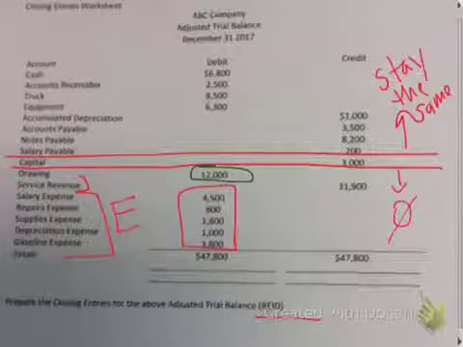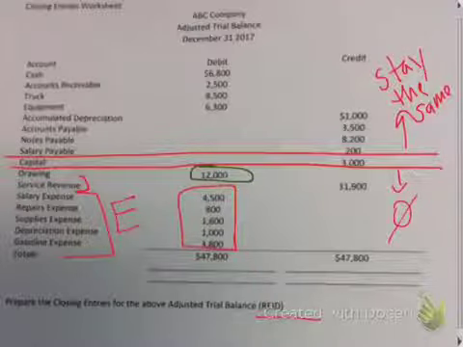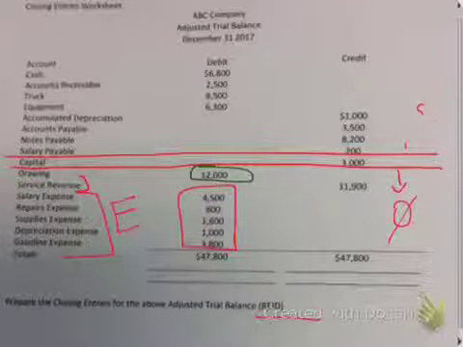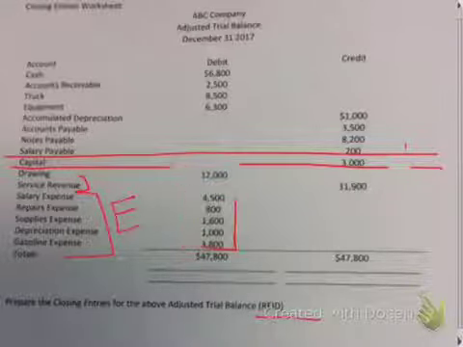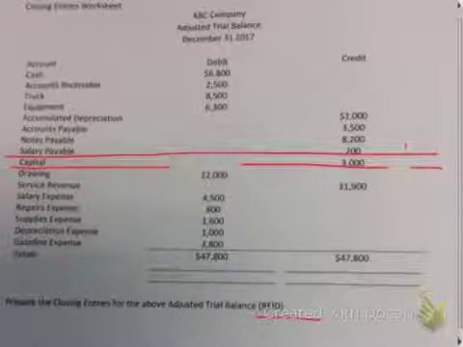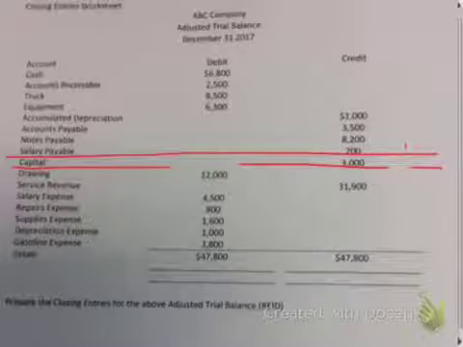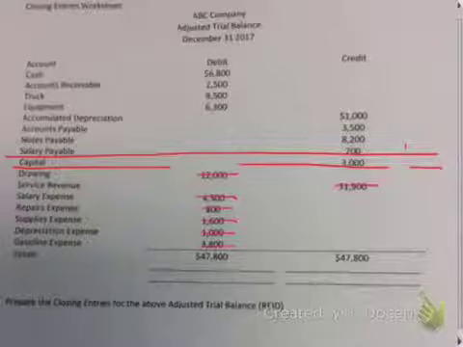And I'm going to use what we had here to actually go into this. And what we see when we look at this post-closing trial balance, we see that these accounts here are all at 0.